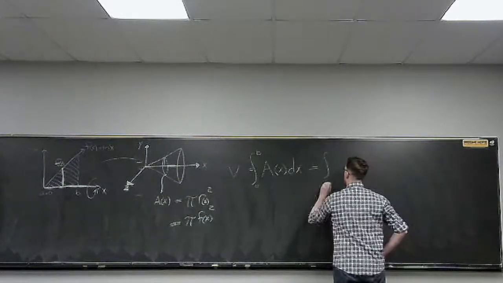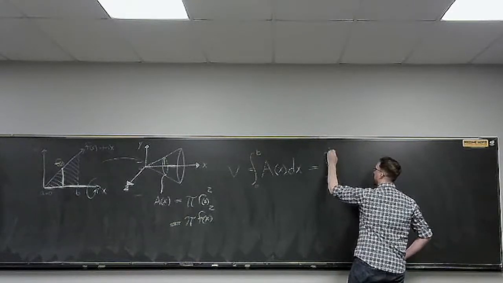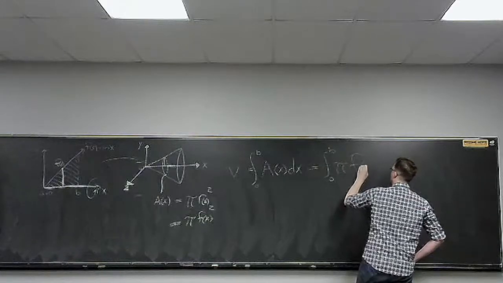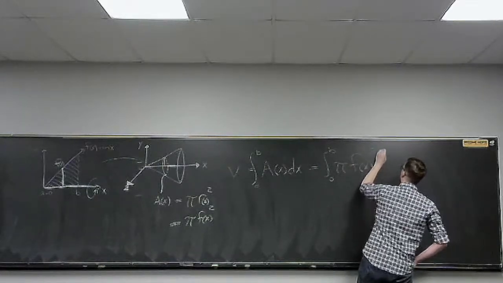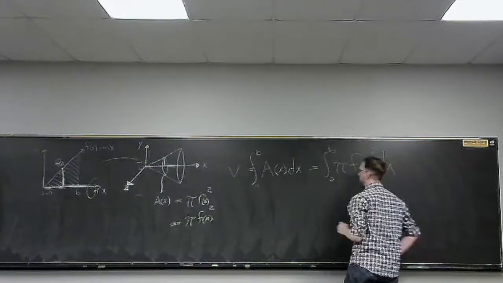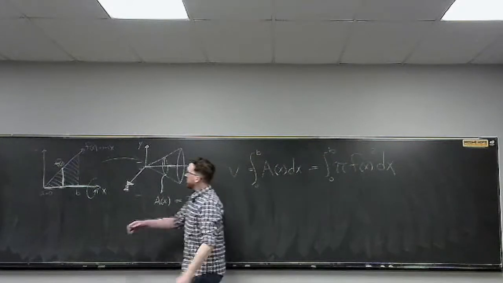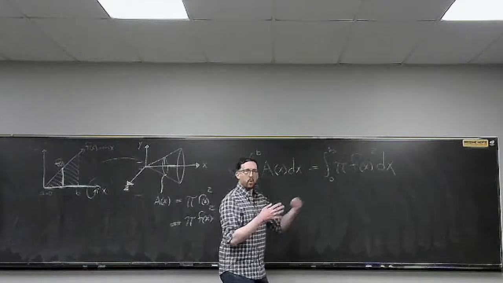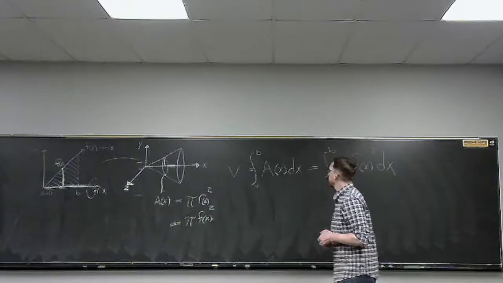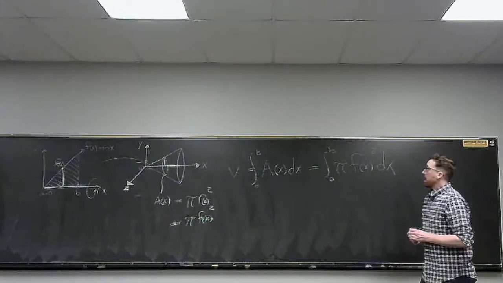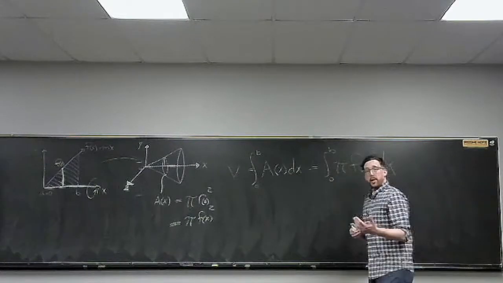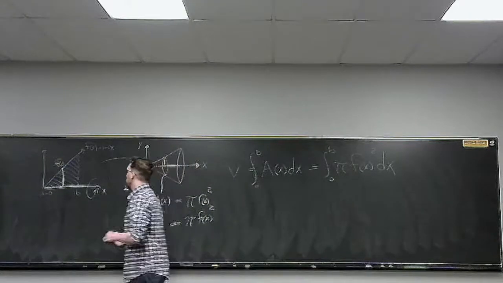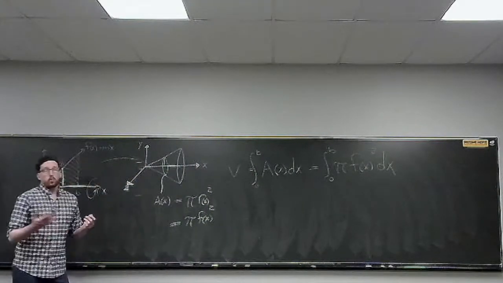Now we have the integral from 0 to b of pi times f of x, that quantity squared, integrated with respect to x. I'm just using a dummy variable, but in a problem we would of course define what a and b both are. And this is how we find the volume of revolution. This is one method, I should say.